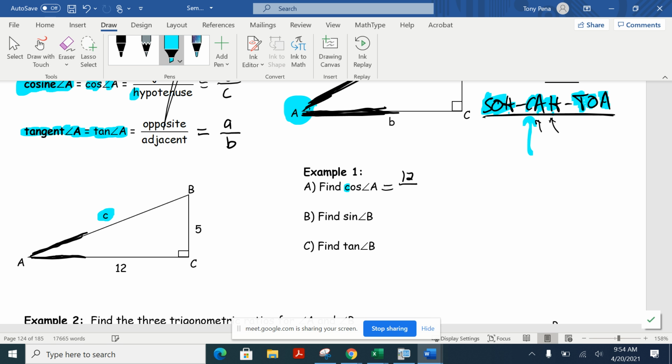Should be a nice value. Okay, what do we get for C? 13.